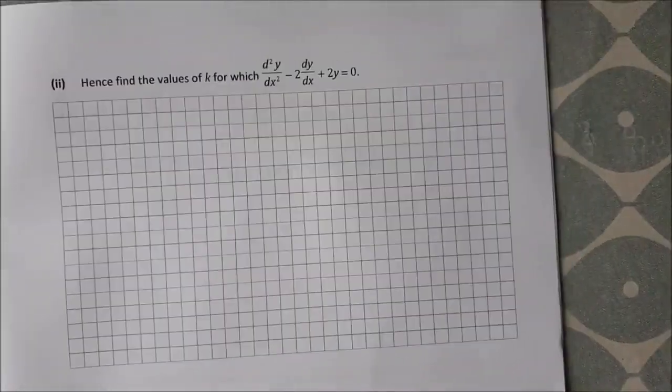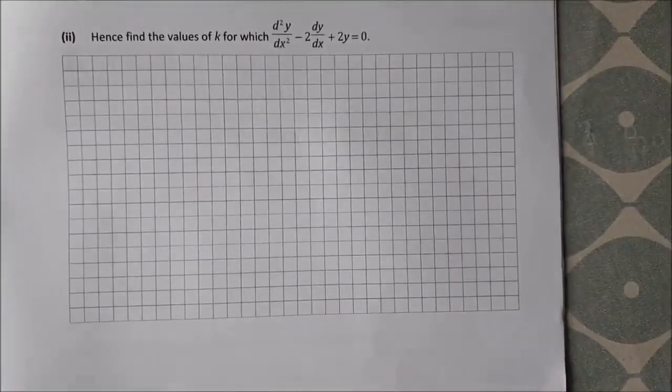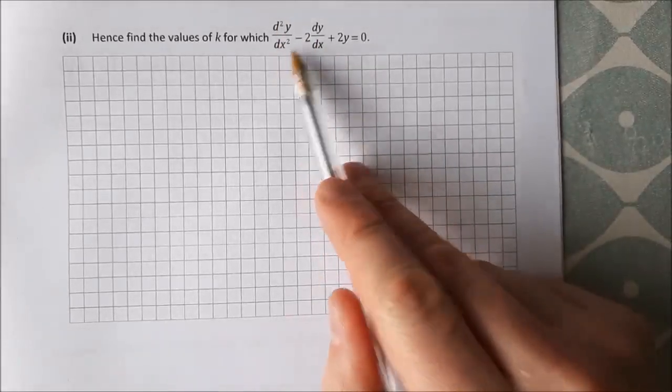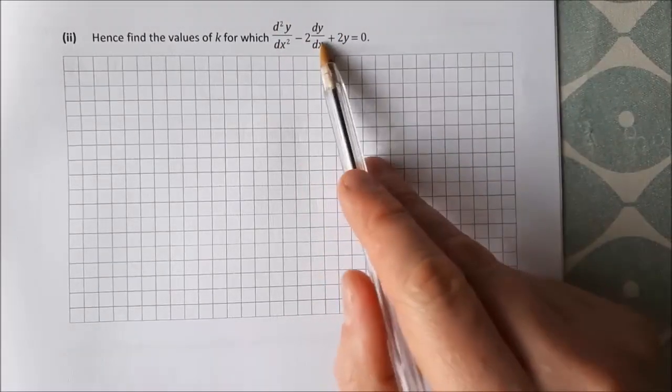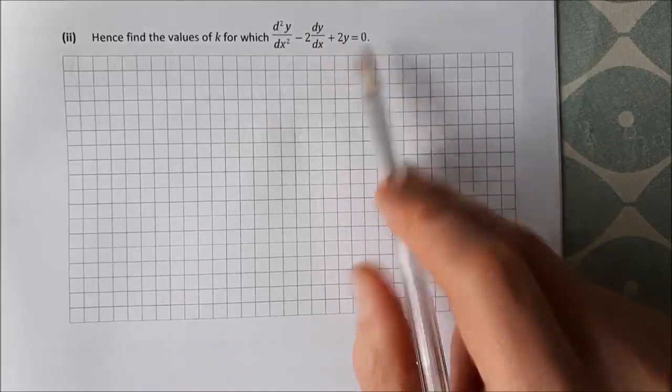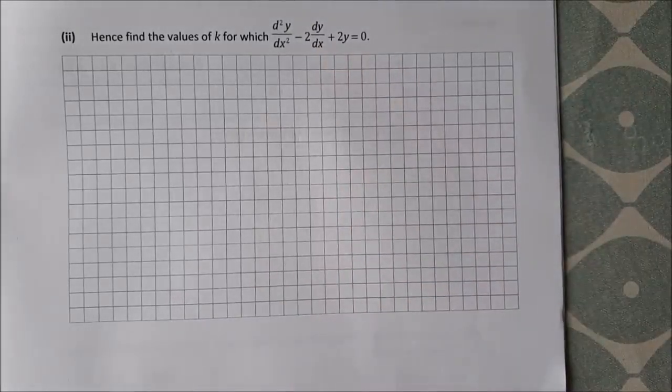Okay, so then on to the last part of question 5. Hence find the values of k for which the second derivative minus 2 times the first derivative plus 2y is equal to 0. So we'll have to write down our derivatives as we had them.